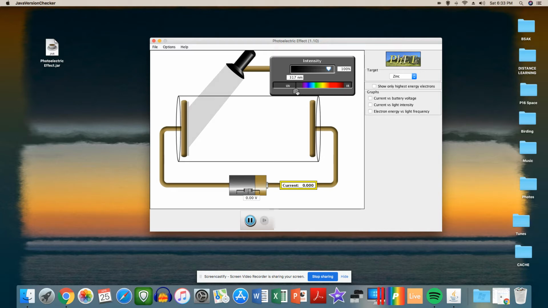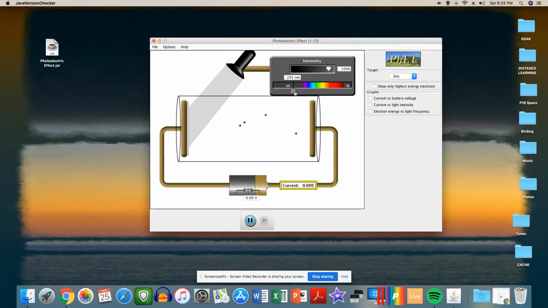But you have to go way into the UV, there you go, before electrons are just emitted.